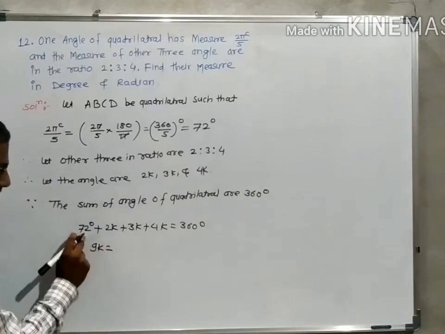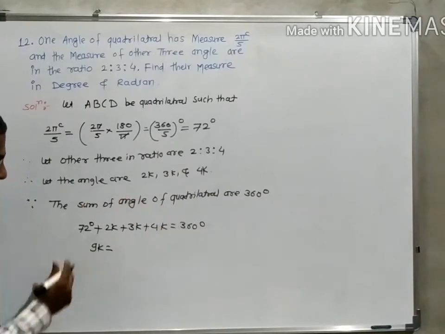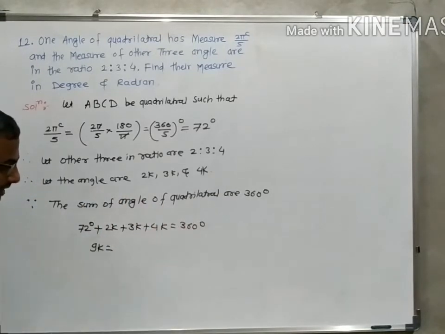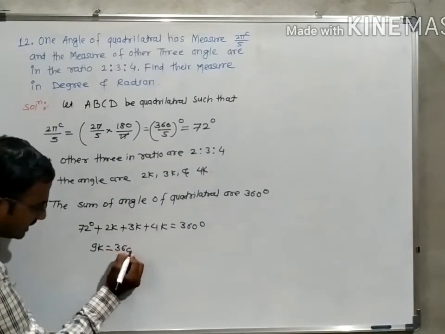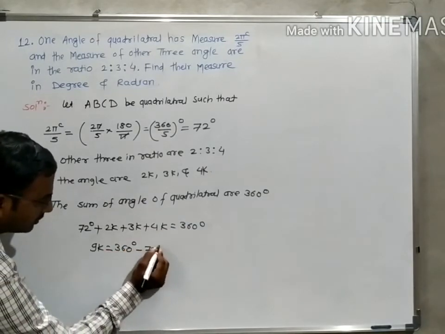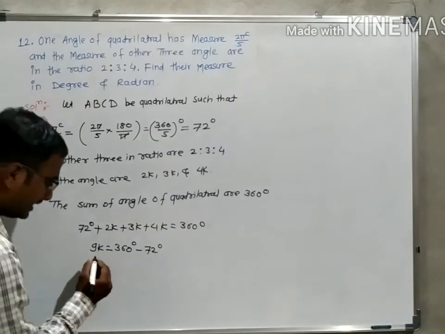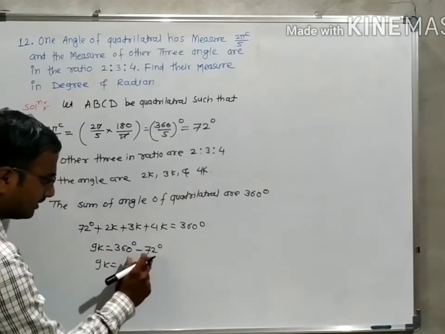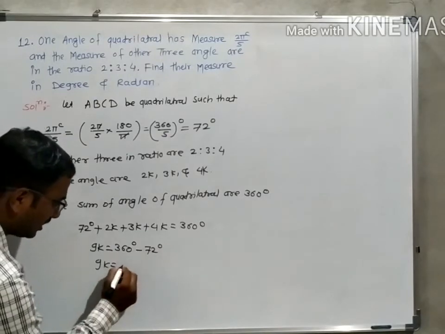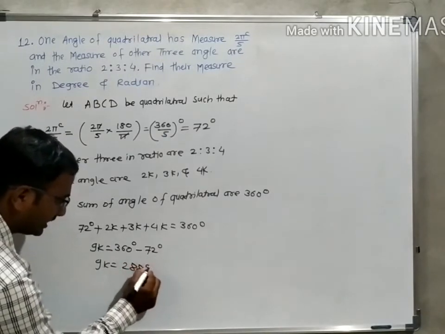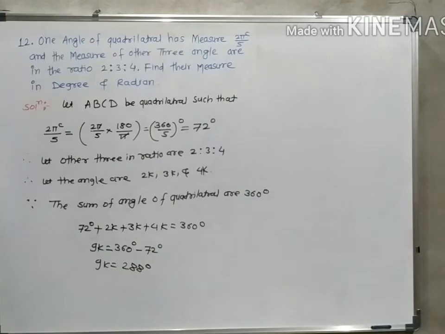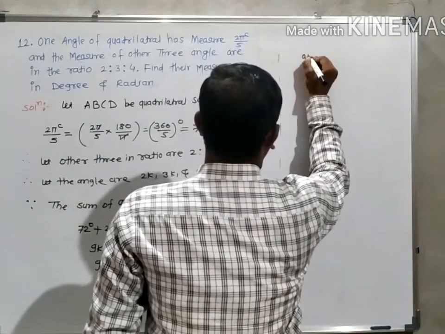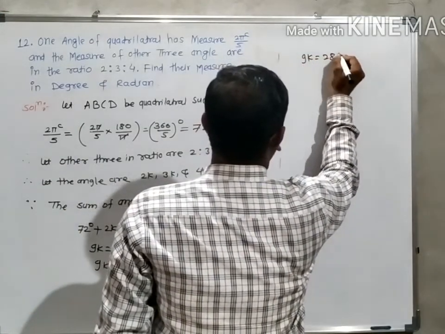So 9k is equal to 360 degrees minus 72 degrees, which is 288 degrees.